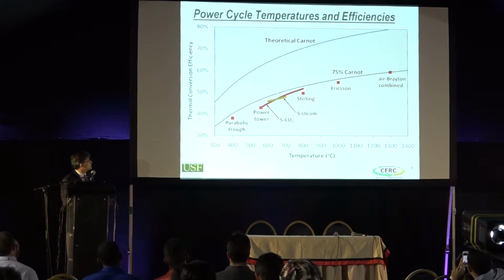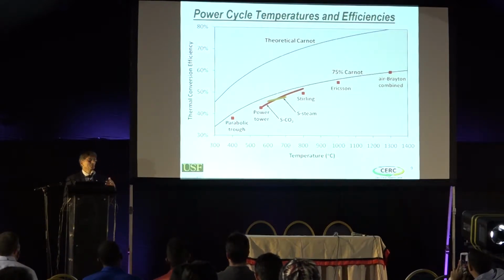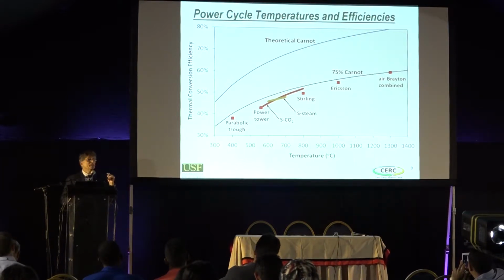However, with the power tower, we can go to much higher temperatures. With the parabolic troughs, we normally operate at a temperature between 300 degrees C and 400 degrees C. With the central receiver tower, we can go to temperatures of 600 degrees C, 1000 degrees C, or even higher if we had the materials that would withstand those temperatures, because the only limitation is the materials, not the technology.